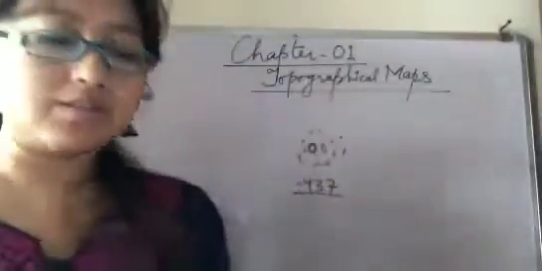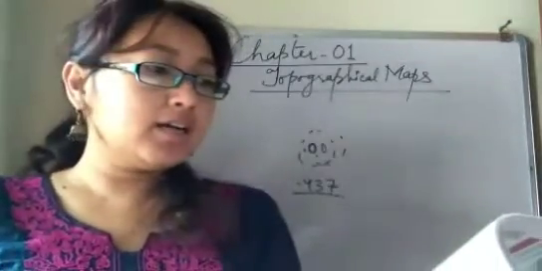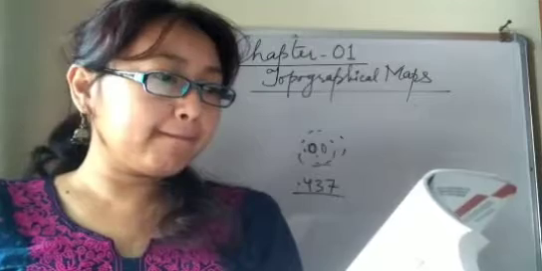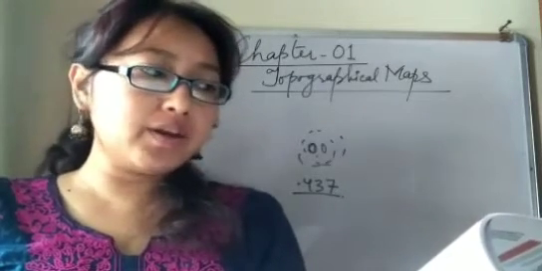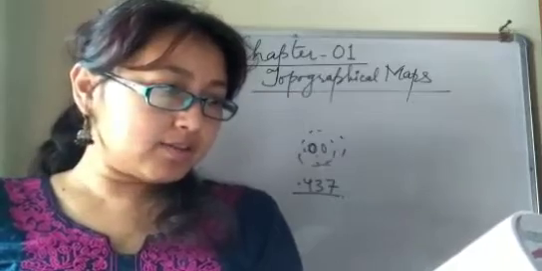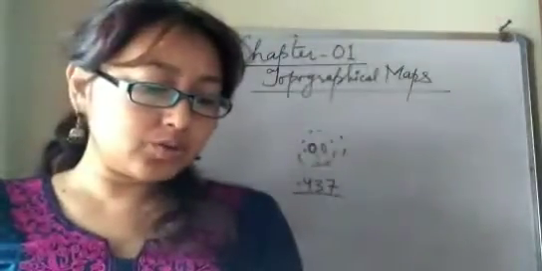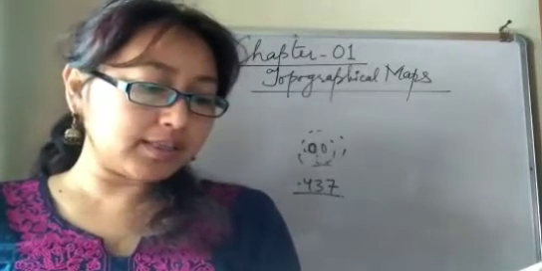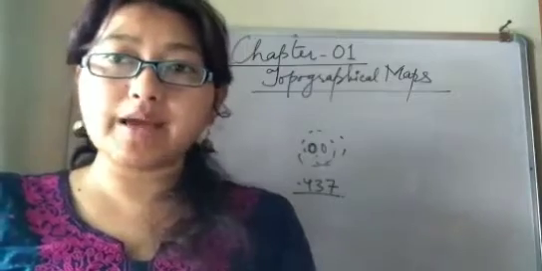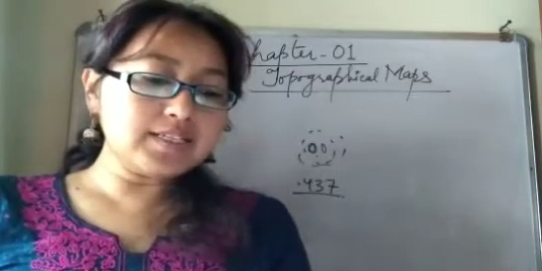So that's the difference. 2127 is a disappearing stream, whereas in 2519 there is a dendritic drainage pattern, right? So that's the difference.